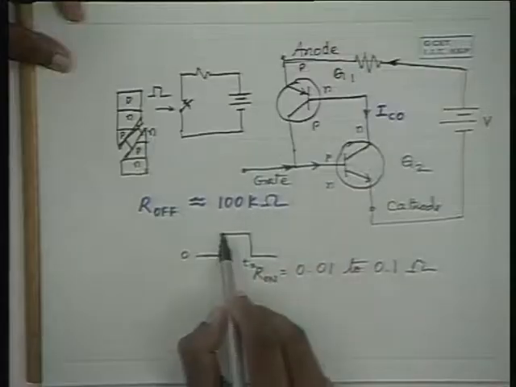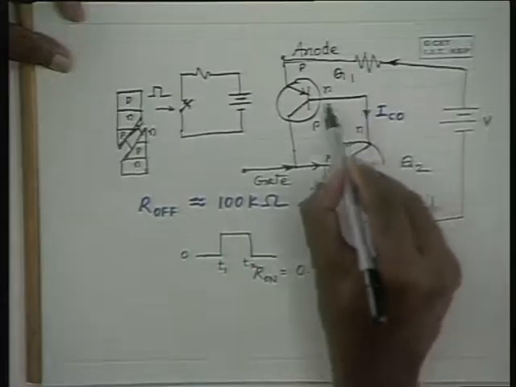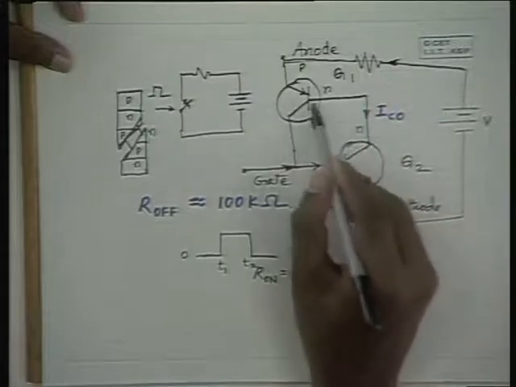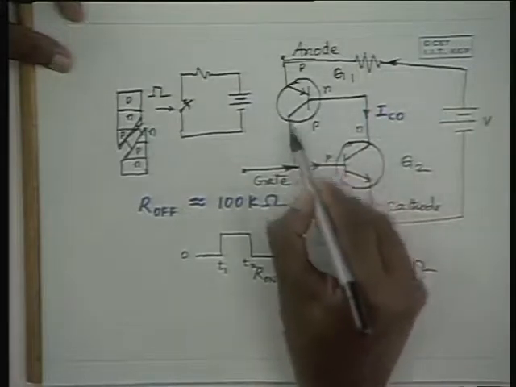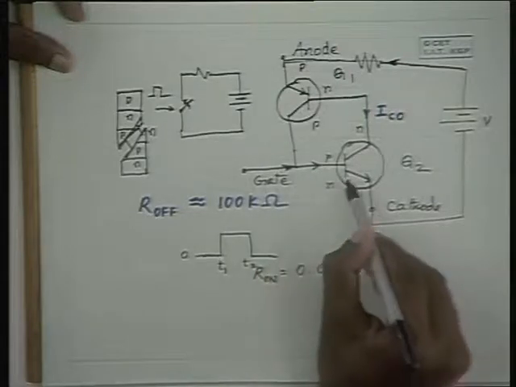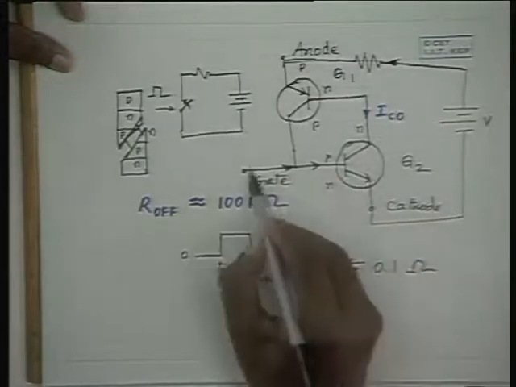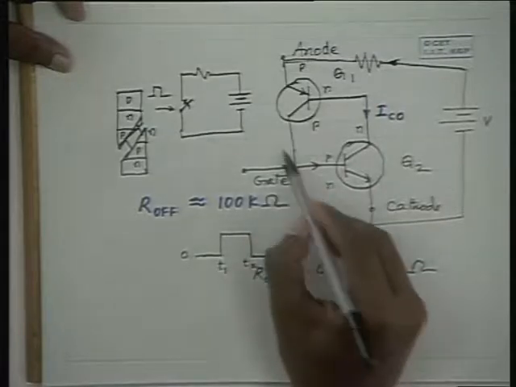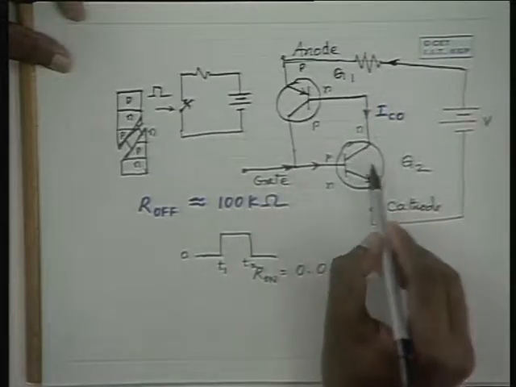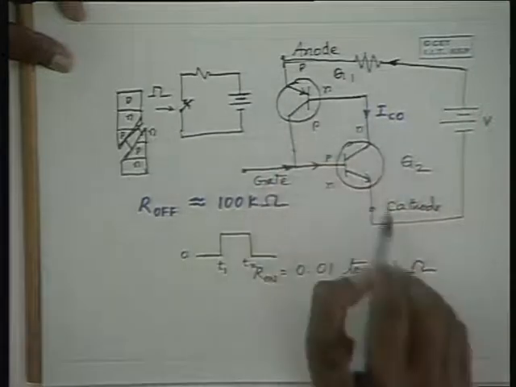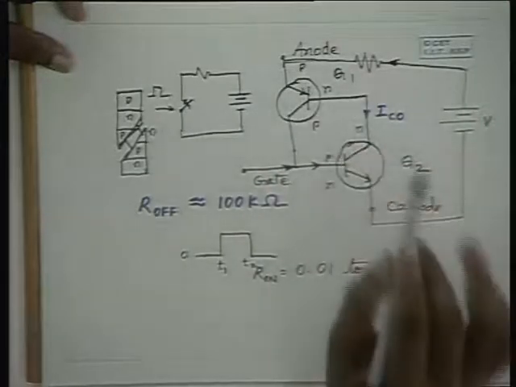Because of this positive potential, it generated some base current, which in turn generated some collector current here, and that is supplying now to this transistor. And since this supply is still on, even if this is cut off, that regenerates this again. Therefore, this circuit remains on.